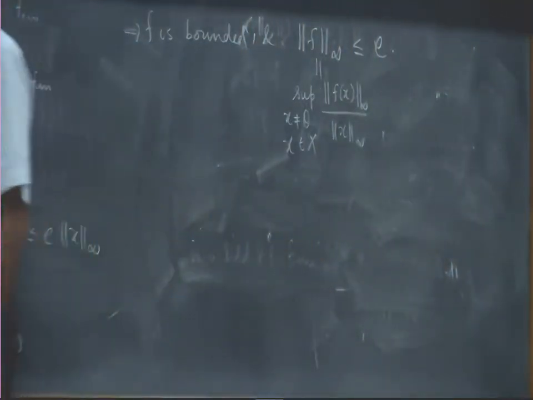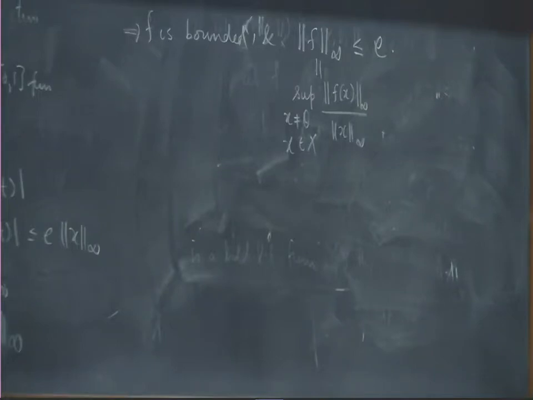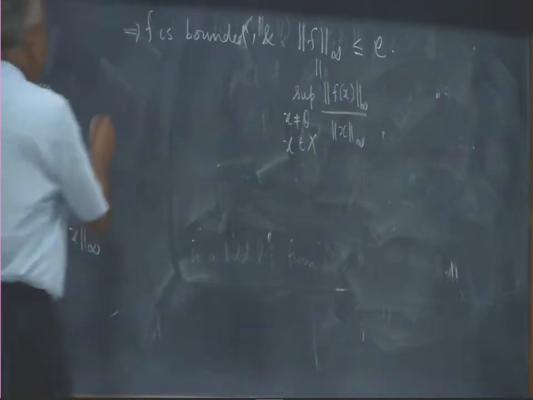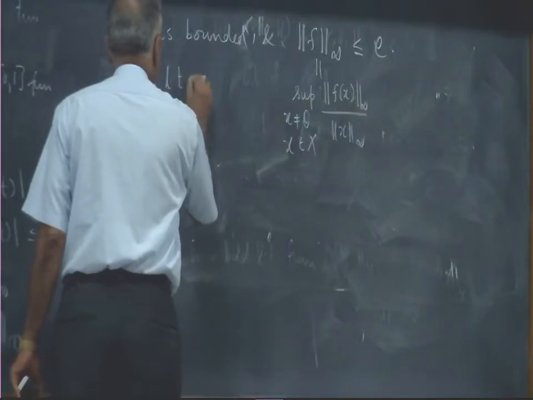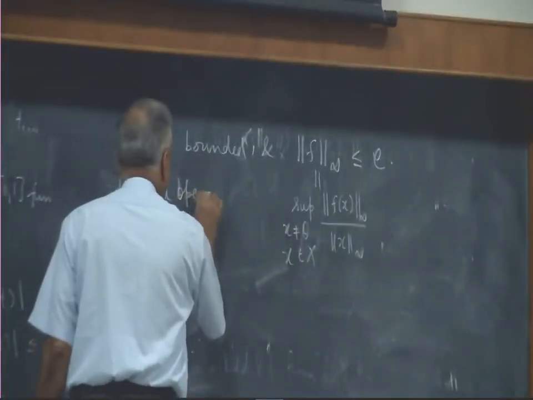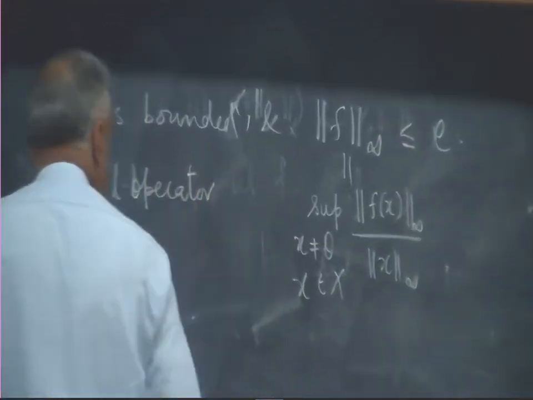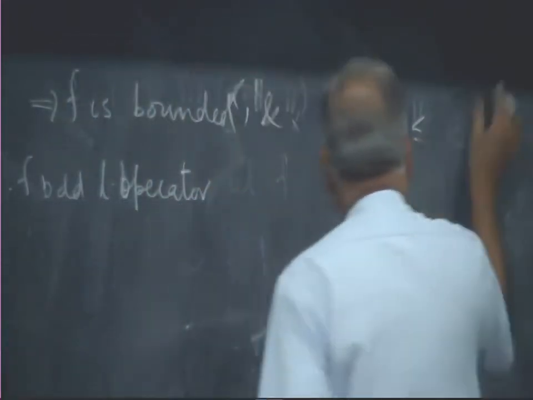Therefore f is bounded. So I now have an example of a transformation from X to X, where X is my C[0,1], which is linear and which is bounded. Therefore f is a bounded linear operator, in fact, because it maps the same space. So f is a bounded linear operator.